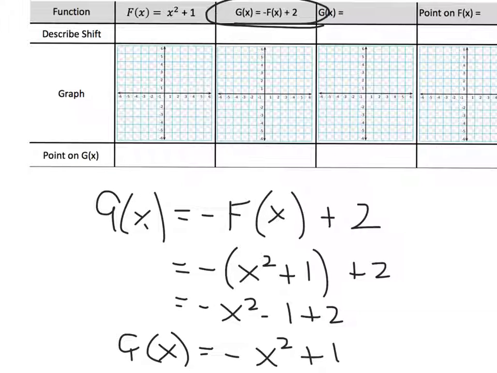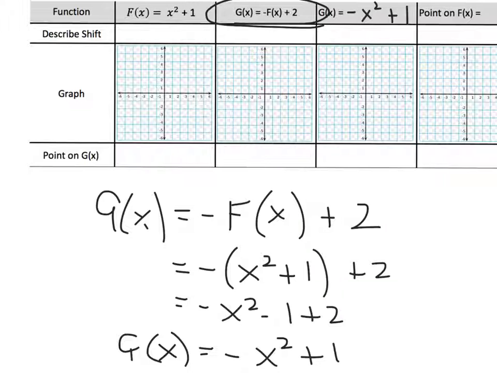Okay, so up here we can write that g of x equals negative x squared plus 1. And we'll come back to that later on.